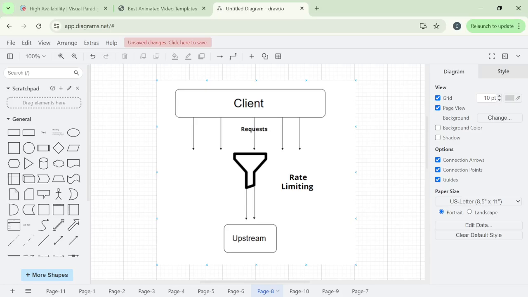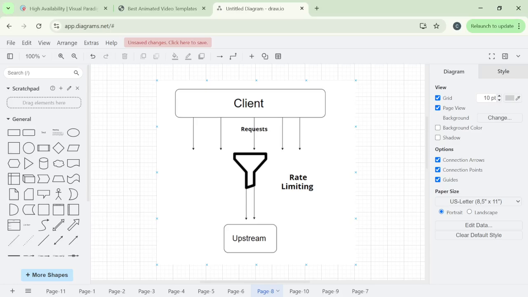There are several common rate limiting strategies such as fixed window, sliding window, and token bucket algorithm. Each approach balances flexibility, fairness, and system efficiency in different ways. When limits are exceeded, users often encounter a 429 or too many requests error.